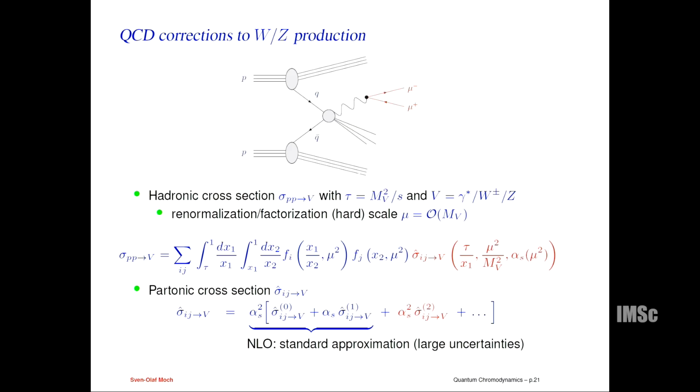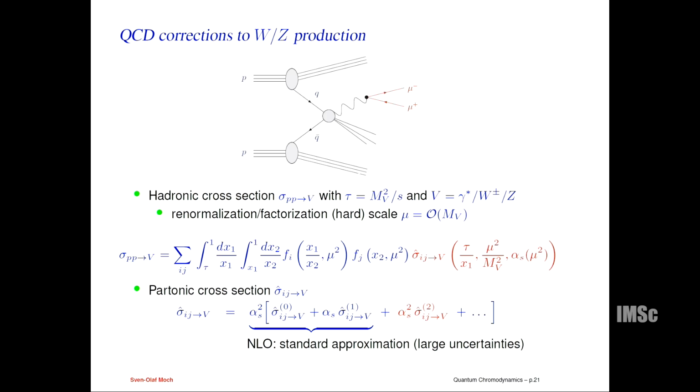If we are interested in the QCD corrections to this process and want to understand how to compute those quantities, then writing out the factorization formula that I had on the initial slides, this is what we have to consider. We have proton-proton collisions producing a vector boson.